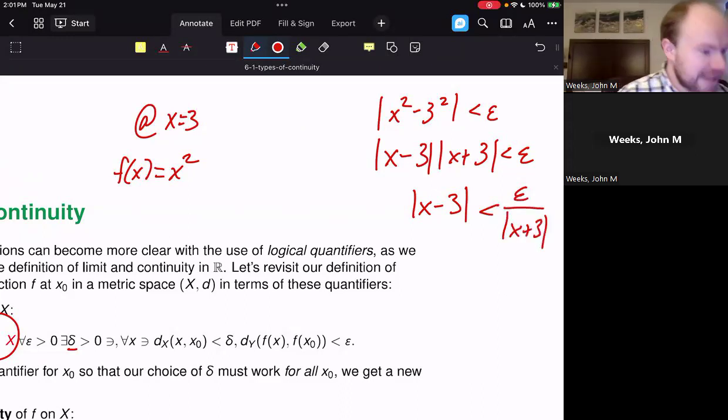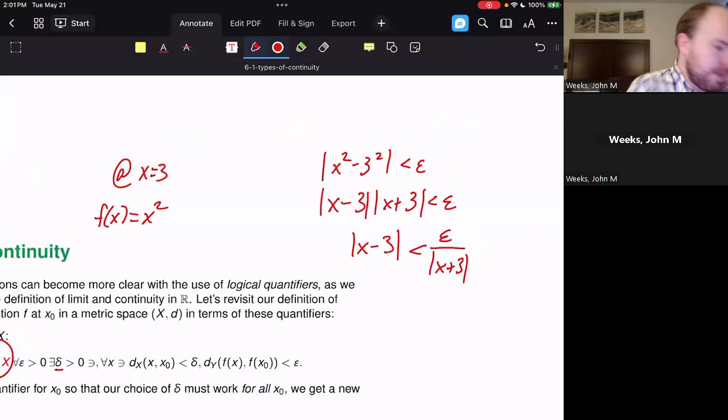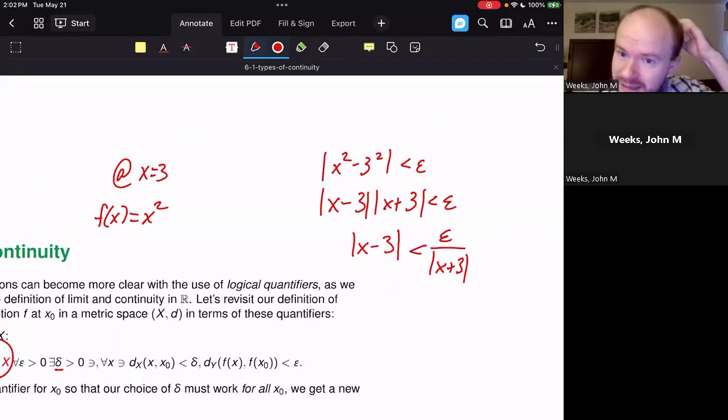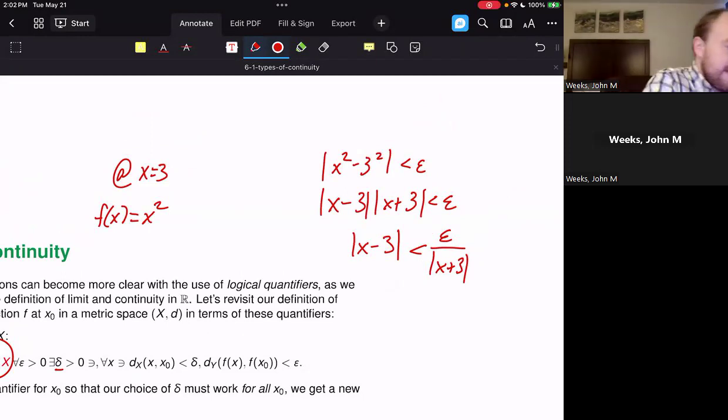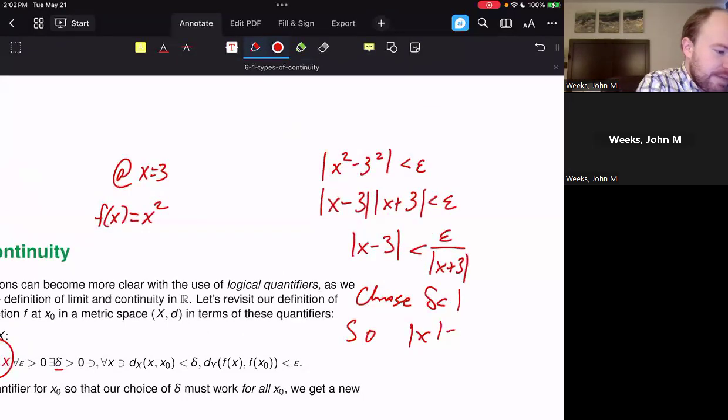We want our choice of delta now to work for any x value that we might choose. Well, we then make a choice for our delta to be less than 1. Since the absolute value of x minus 3 is less than 1, that will imply that the value of x can only be in between 2 and 4.